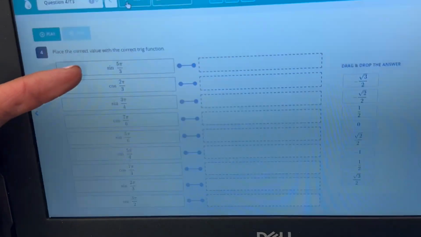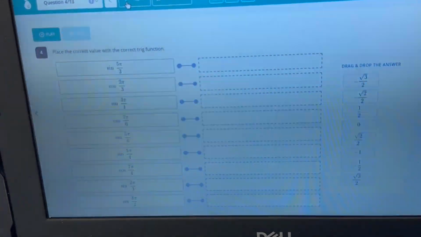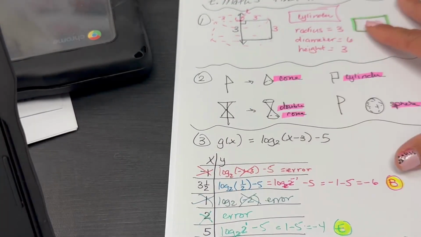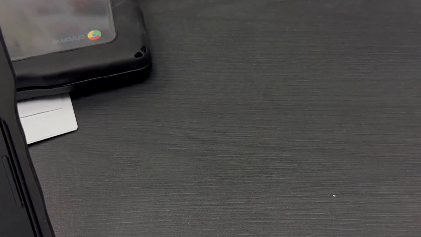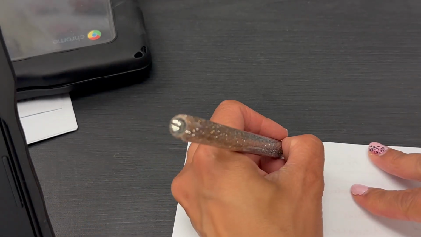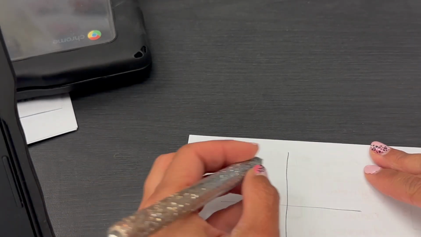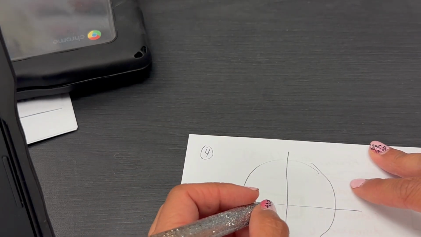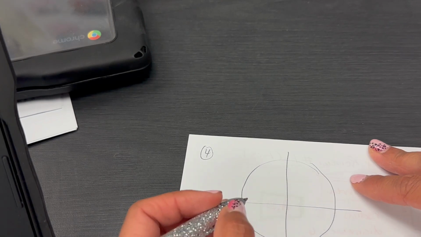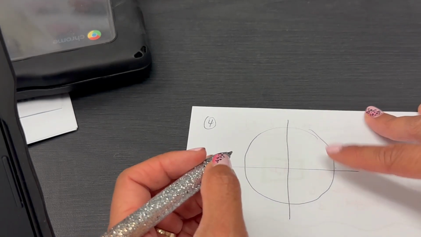So sine of 5 pi over 3, you know what, we might need to write this down. We need a unit circle. So the first thing I need for number 4, and I'll just use the back of this paper, is a unit circle. And since it's asking for 5 pi over 3 and I see 2 pi over 3 coming up, I'm going to just put on my unit circle what I need.